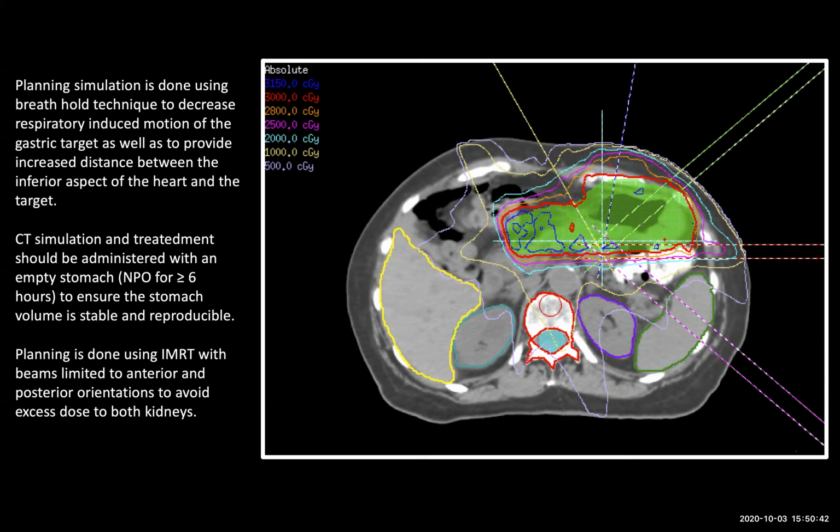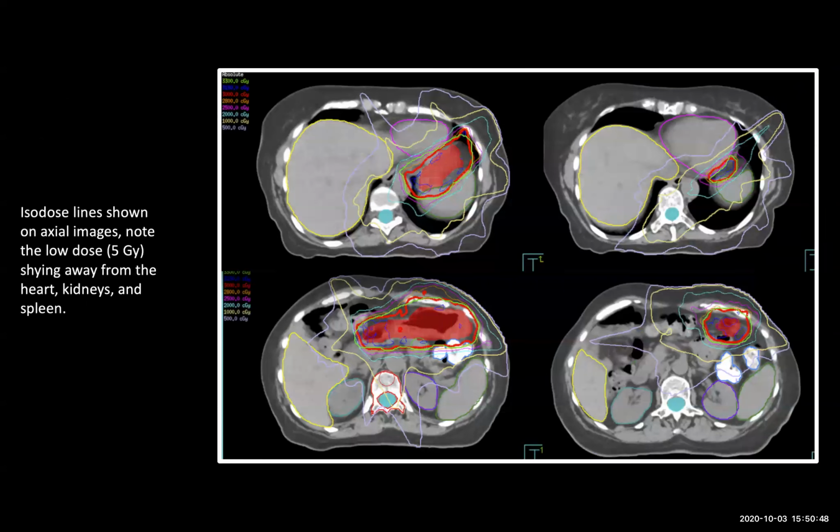And in patients with lymphoma, when you give radiation, you want to avoid lymphopenia. These are different views of the critical structures that we try to avoid. And again, as you can see here, this is the 5 gray and this is the 10 gray, and we're trying to avoid a big portion of the heart to get that dose. Same thing with the kidneys, spleen, and liver.